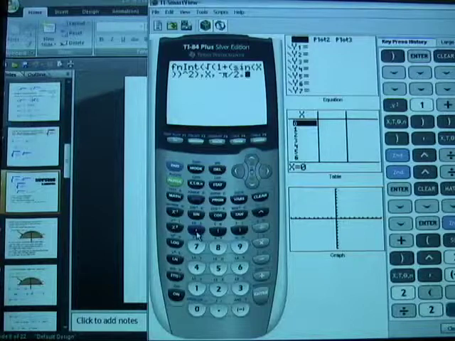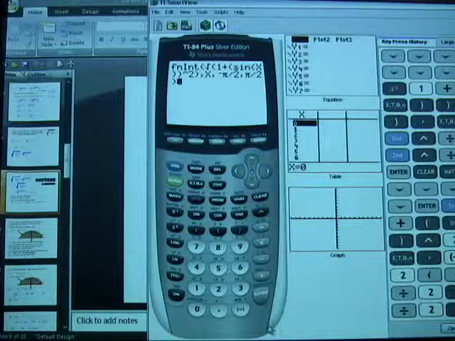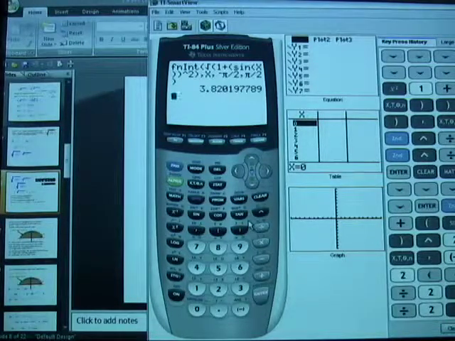And comma, positive pi by 2. Alright, and then parenthesis, and enter. That gives you 3.82 as the value of that integral.